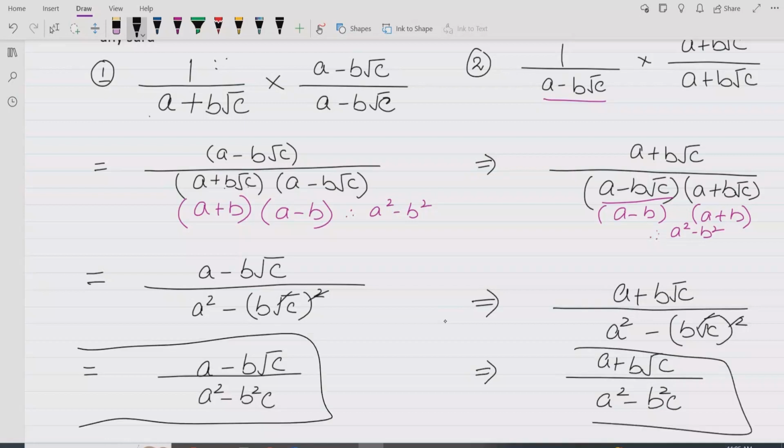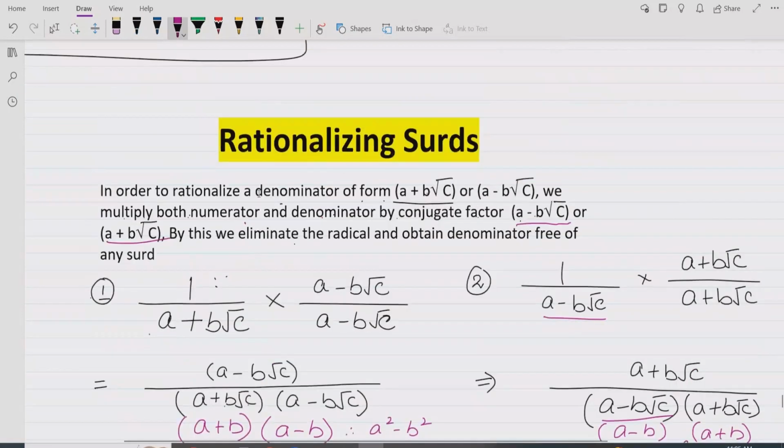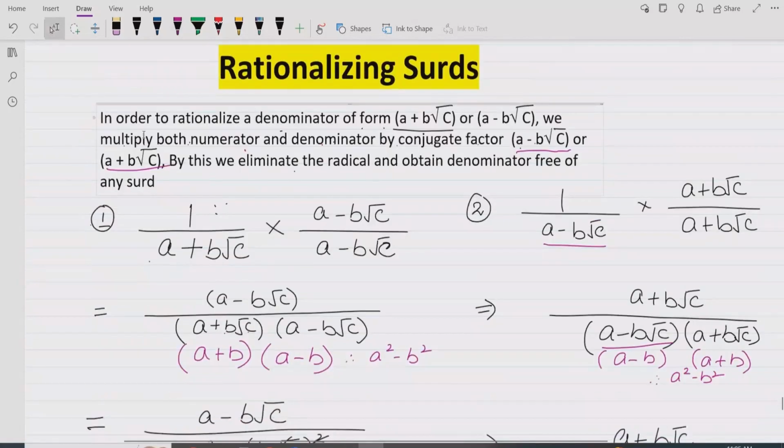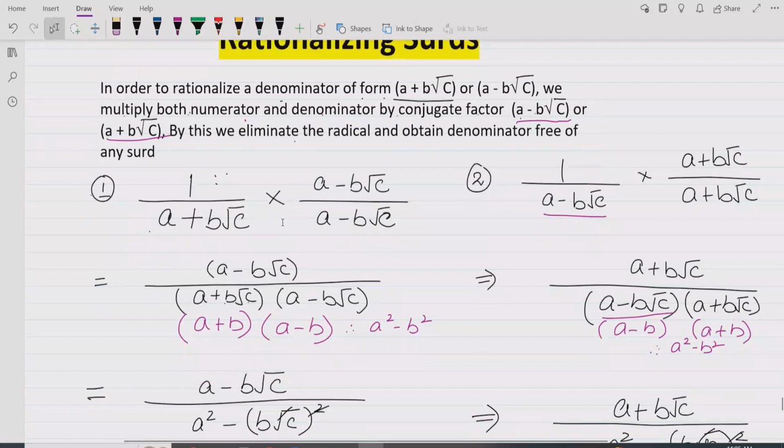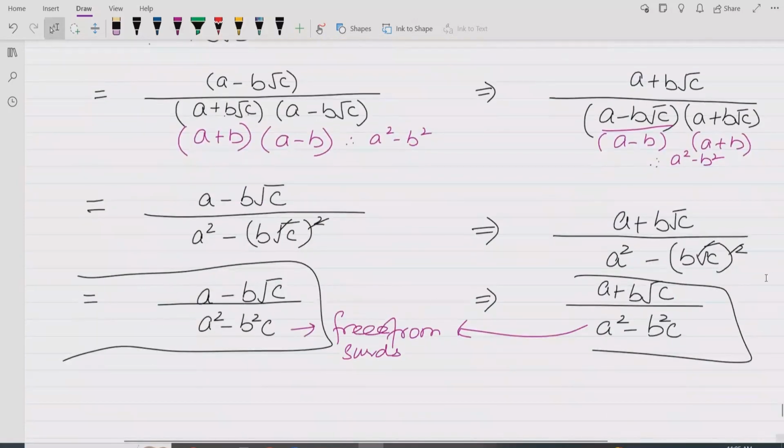What we get here is that the denominator is free from surds. By using this method, we eliminate the radical and obtain a denominator free of any surd.